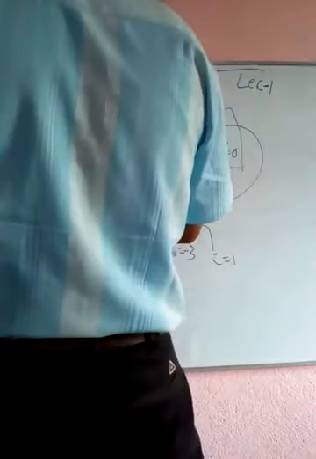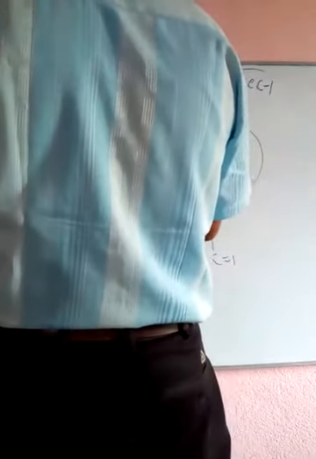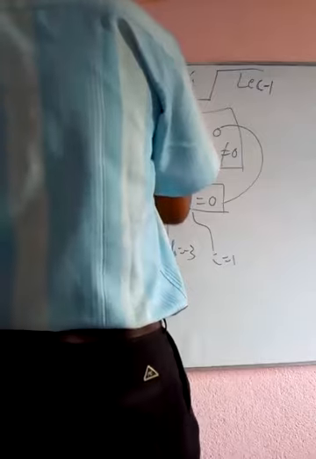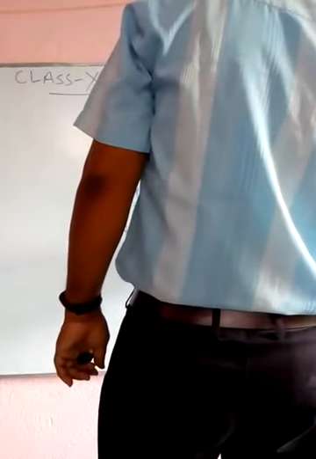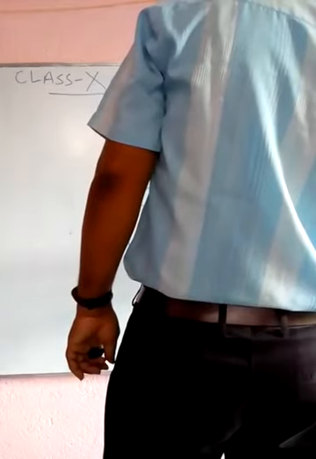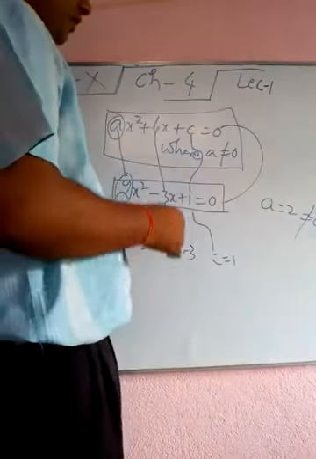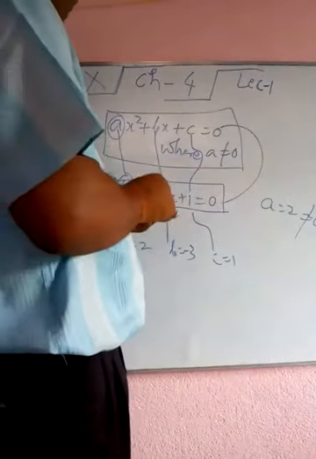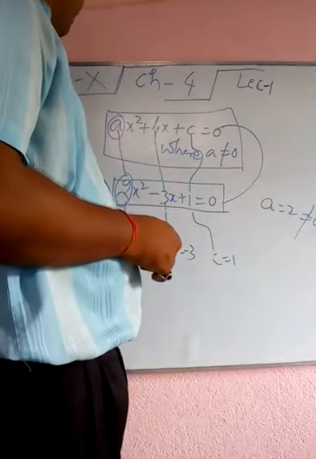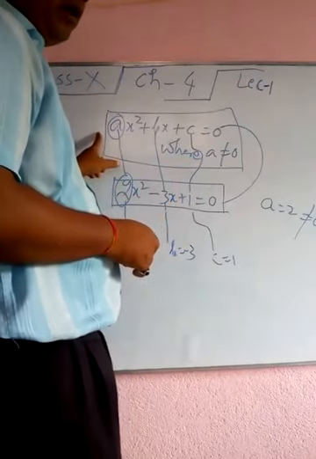So this equation is a quadratic equation, and here a is equal to 2, which is not equal to 0. So this is a quadratic equation, and this is the standard form of a quadratic equation.